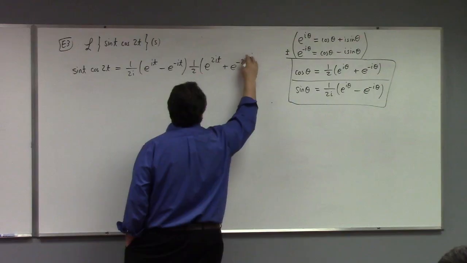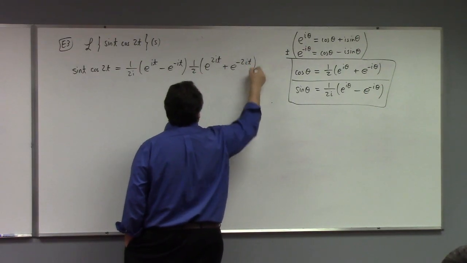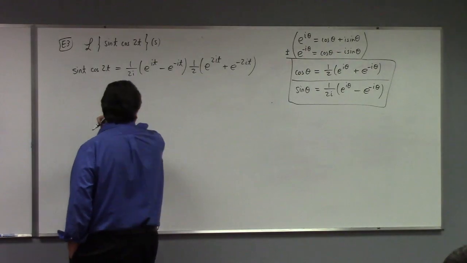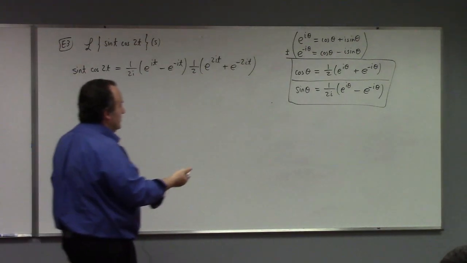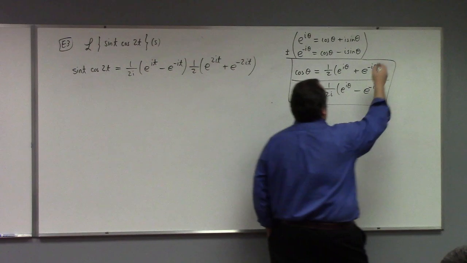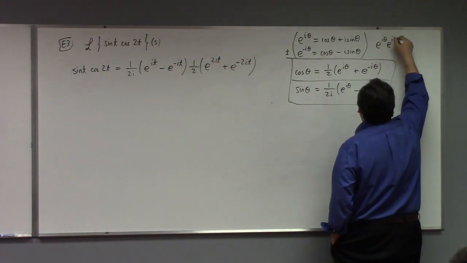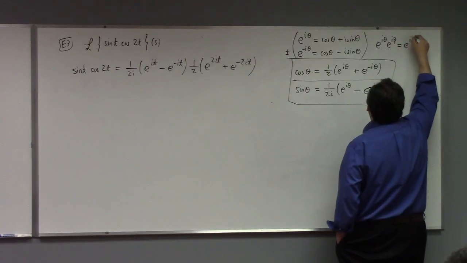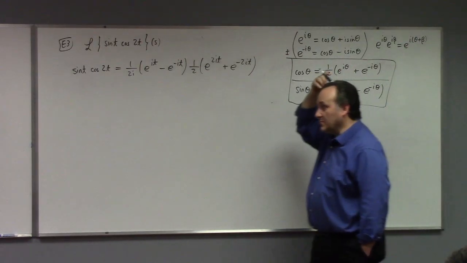So I'm literally just substituting in the arguments for theta in those patterns. And then what comes next is just algebra. Just do algebra like usual. It's true, if you have e to the i theta times e to the i beta, guess what? It's e to the i(theta plus beta). So it works just like you want.